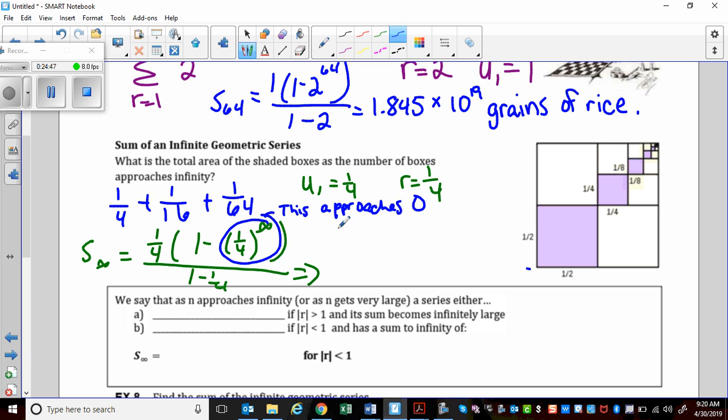If we simplify this, this is going to be 1 minus 0, which is 1, times 1/4, which is 1/4, over 1 minus 1/4, which is 3/4. Remember, we multiply by the reciprocal, so we're going to get 1/3.